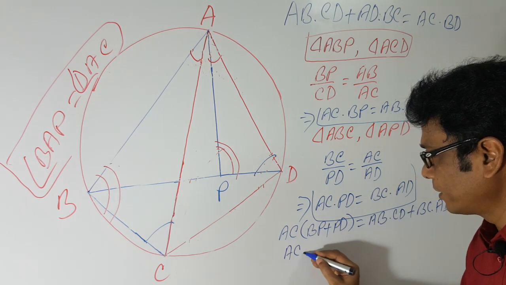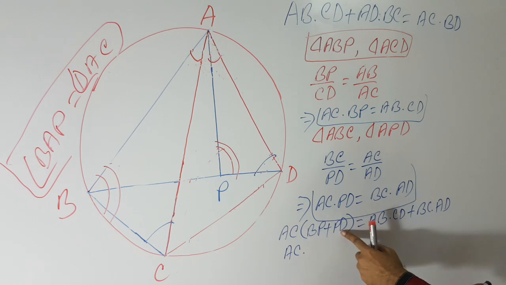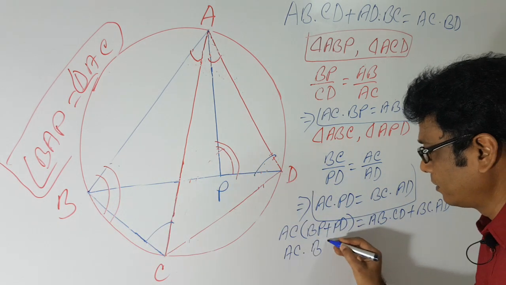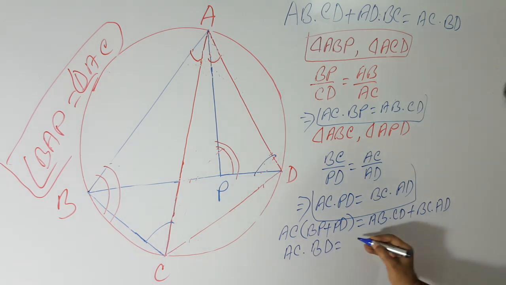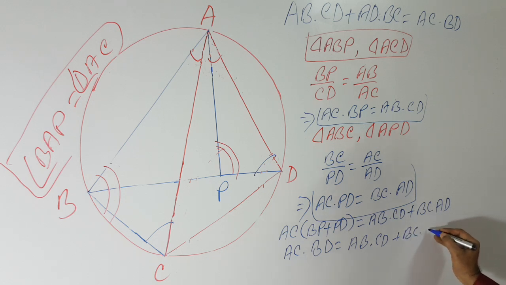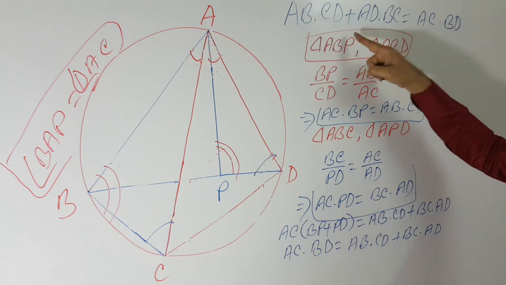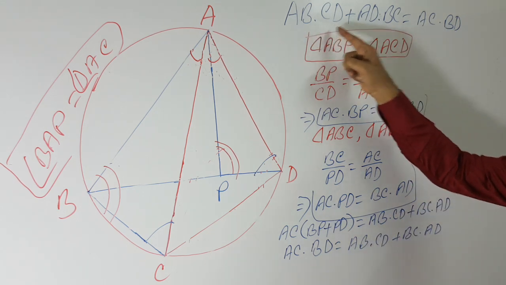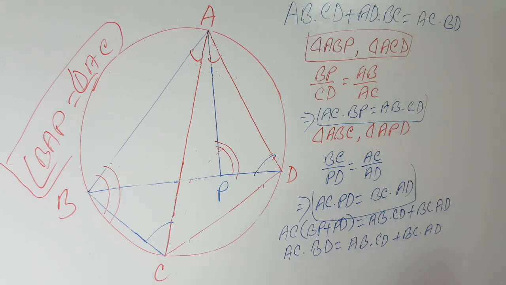From the figure, BP plus PD means BD. So AC into BD equals AB into CD plus AD into BC. I think proved.